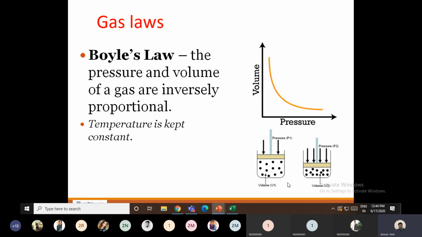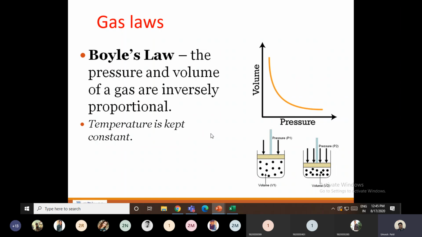The pressure is P1 and the volume of the gas is V1. After increasing the value of pressure from P1 to P2, the volume of gas is reducing from V1 to V2. So it indicates pressure is varying inversely with the volume, and vice versa. Volume is inversely varying with the pressure.